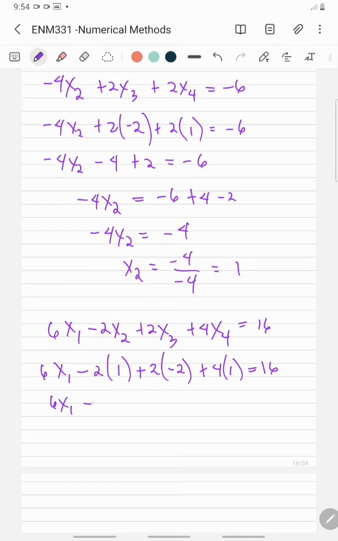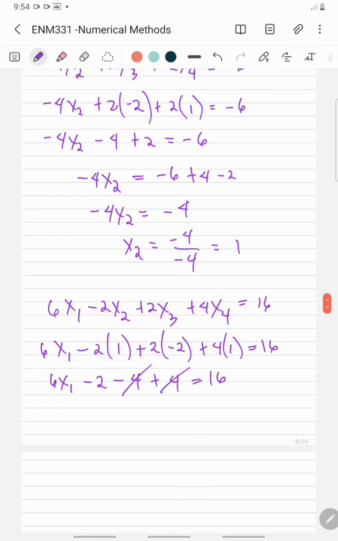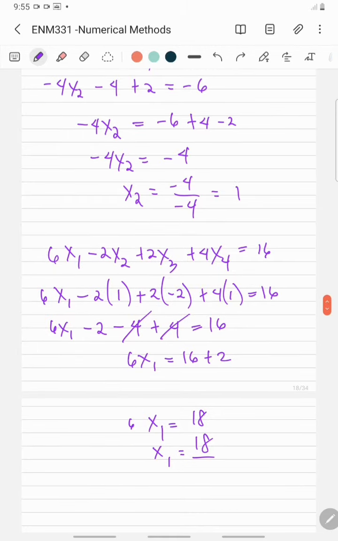So we have 6x1 minus 2 minus 4 plus 4 is equal to 16. So negative 4 plus 4, that is equal to 0. Then transpose negative 2 to the right side, so this will become positive 2. So 6x1 is equal to 16 plus 2, we have 18. So x1 is equal to 18 divided by 6. This is equal to 3.